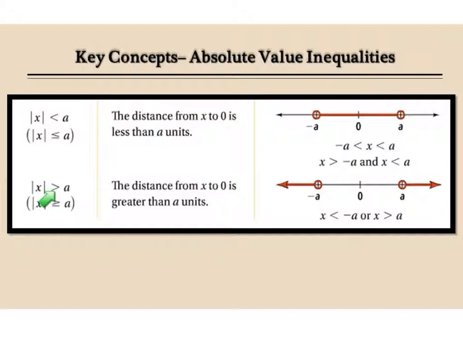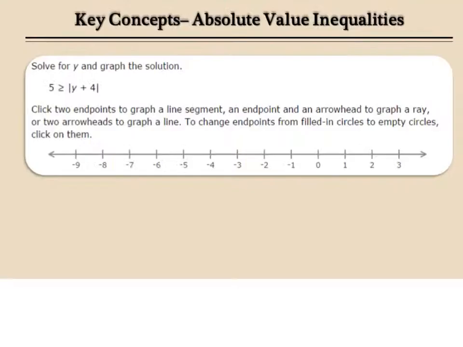This means the distance from x to 0 is greater than that many units, which means it's less than the negative. So we would write it as x is less than the negative or greater than the positive. Notice it's an "or". So I'm going to do a couple of these examples so you can see how we write them.